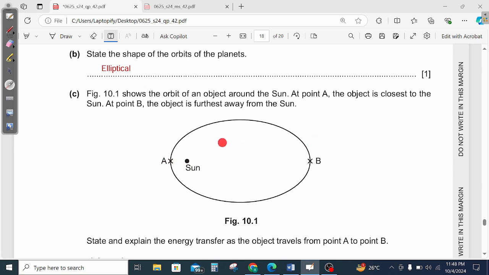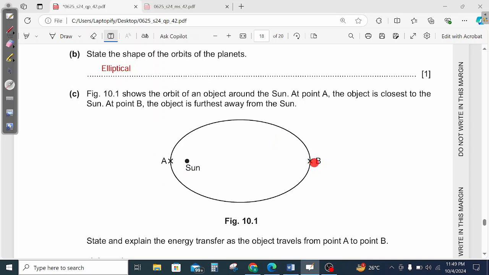So when it is at another position B, state and explain the energy transfer as the object travels from point A to point B. Remember, when the object is close to the Sun, its kinetic energy is maximum. When the object moves away from the Sun, its potential energy is increased.